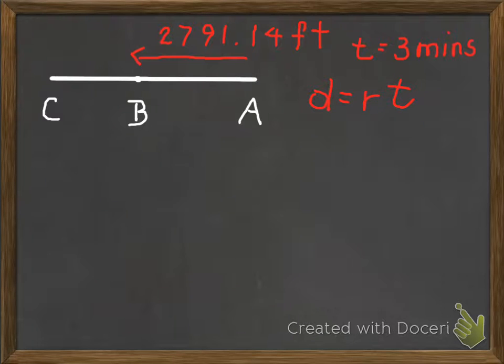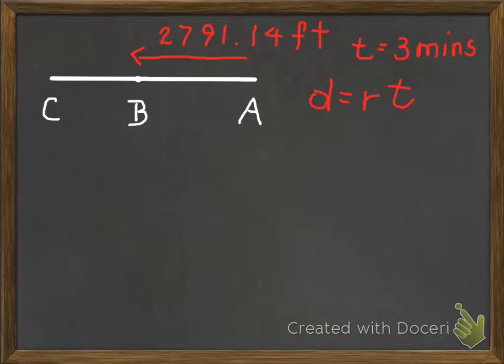Now we're asked to find the speed that the fire travels, the 2,791.14 feet, in miles per hour. So first we have to convert that distance to miles, and then we have to convert the 3 minutes to hours. Once we do that, we can use the distance formula, distance equals speed times time, to find the speed.